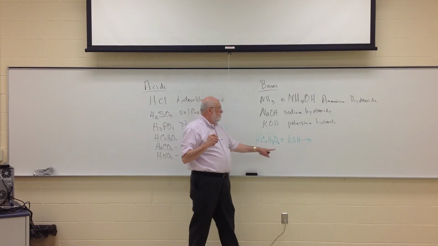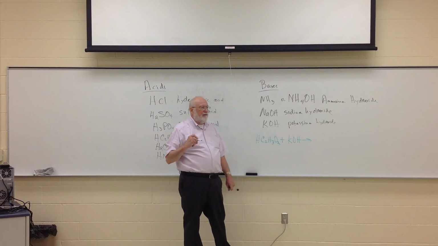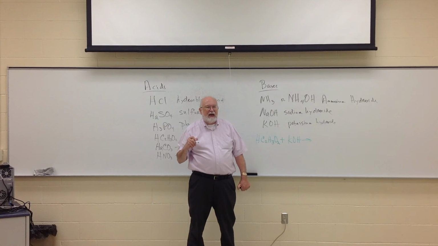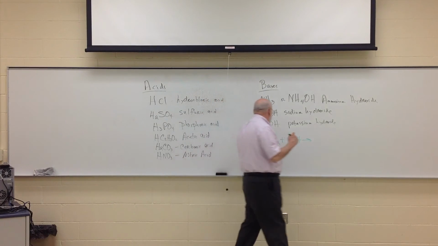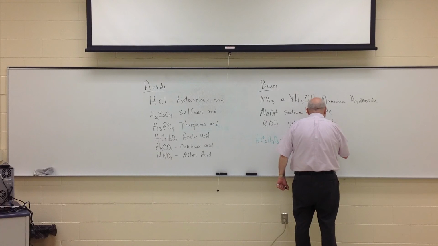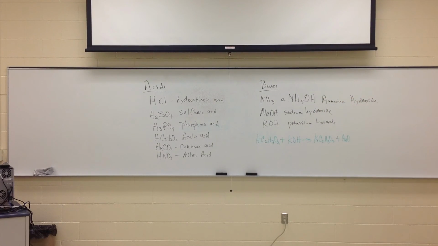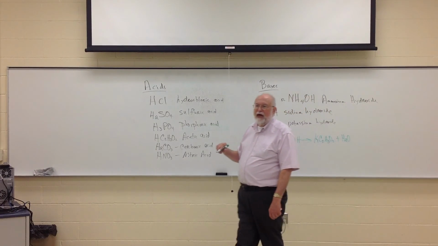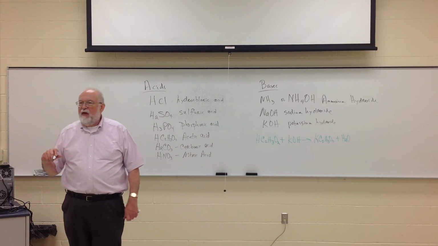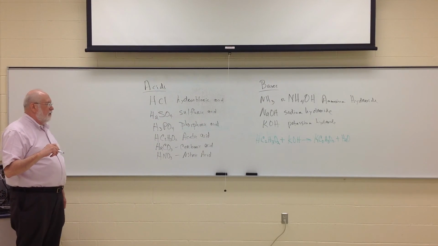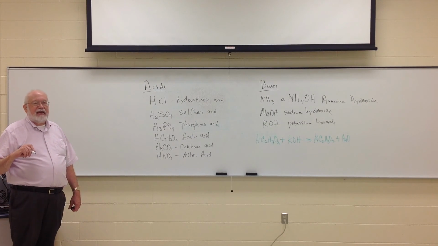So take this hydrogen and stick it over here. Take that potassium and stick it over there. So what salt are you going to get? KC2H3O2, and what would be the name of that salt? Potassium acetate. That's right. And if you have HOH, that's the same as saying H2O. That's water. So if you put those two together, you'd end up with potassium acetate.